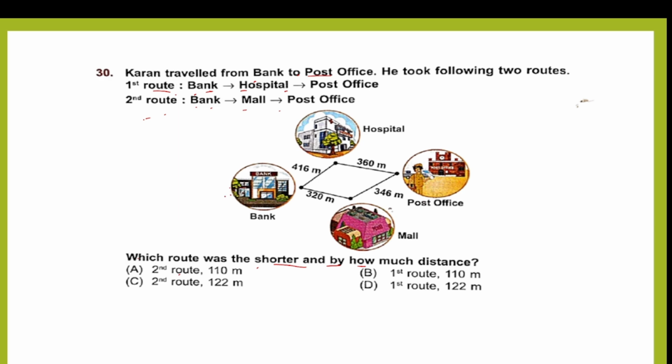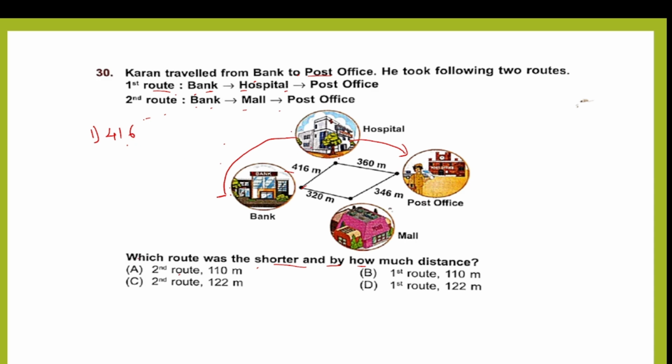So Karan wants to travel from bank to post office via the first route, which is the hospital. Yes. So here for the hospital he has to travel 416 meters, right?